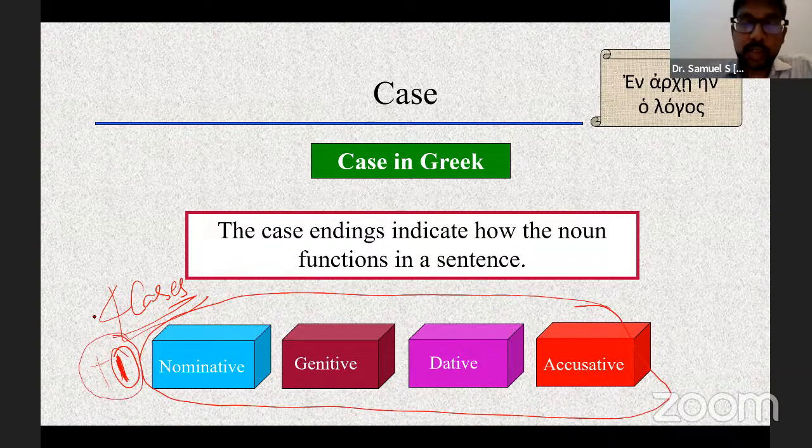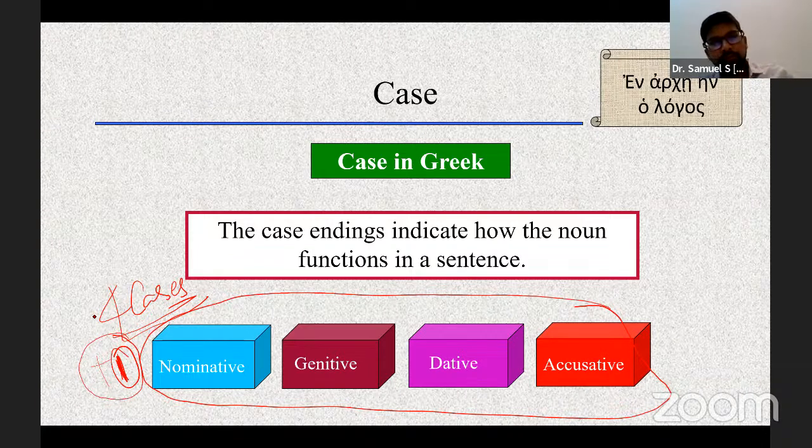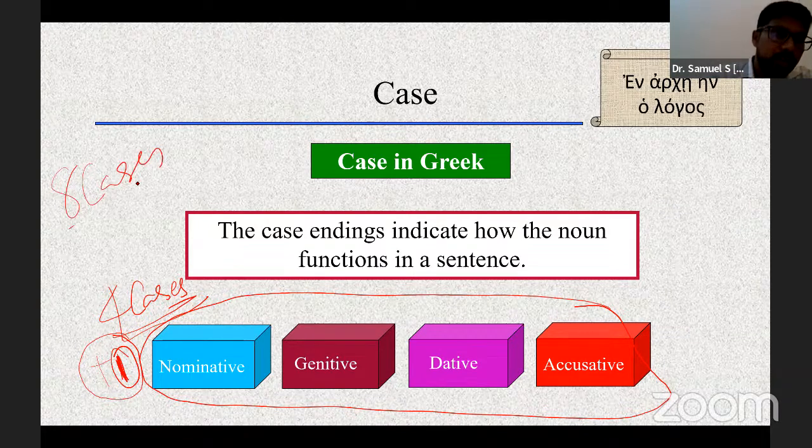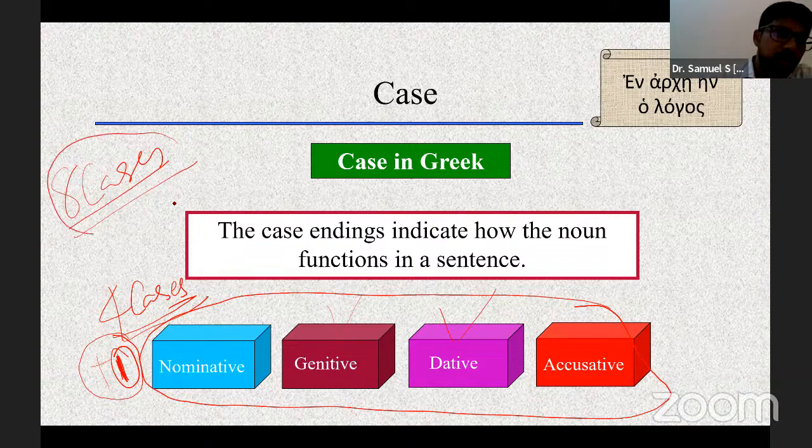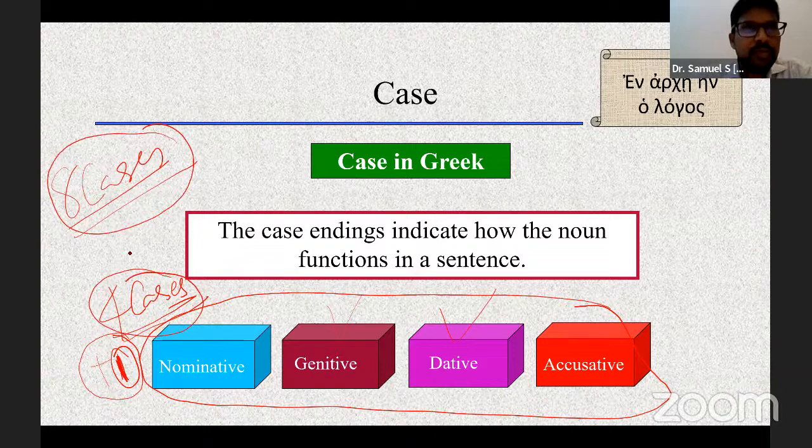Now, if you read some textbooks, they will tell you that there are actually 8 cases, not 4 cases, because the genitive is divided into a few, the dative is divided, and so on. So the fact that there are 4 cases is not a hard and fast rule.